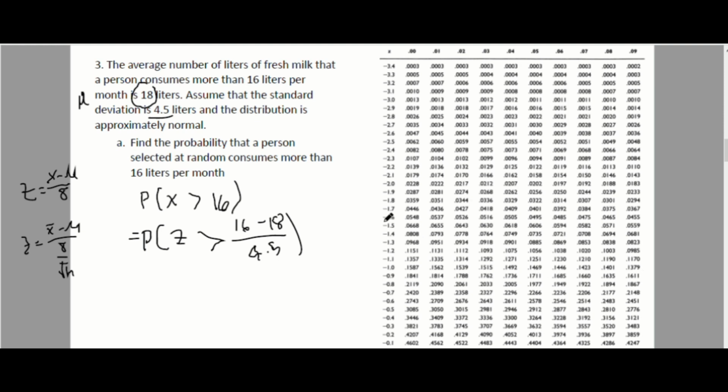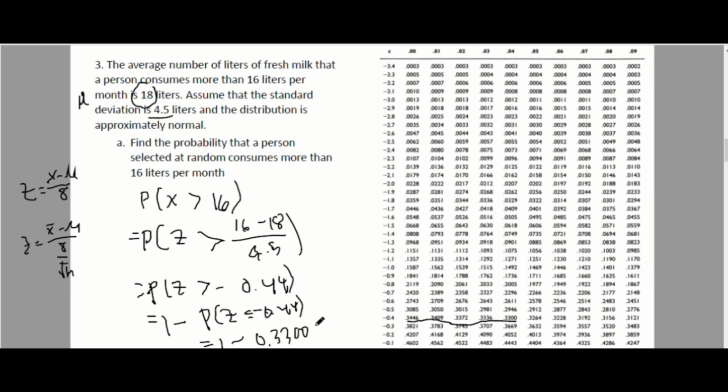For letter A, we're not talking about the sample mean or sample. So this is equal to negative 0.44. Where this is greater than, again we have 1 minus P of z less than negative 0.44. So we have here 0.3300, so this is now 0.6700 or 67%.